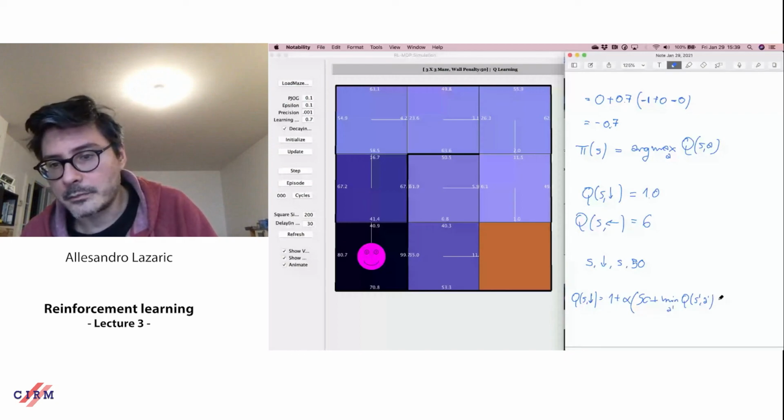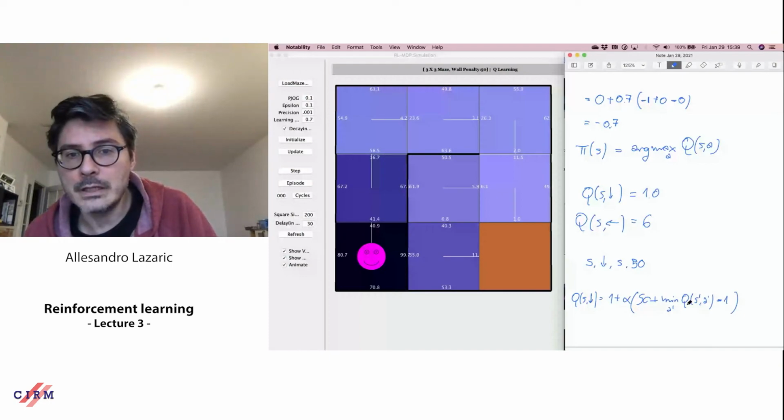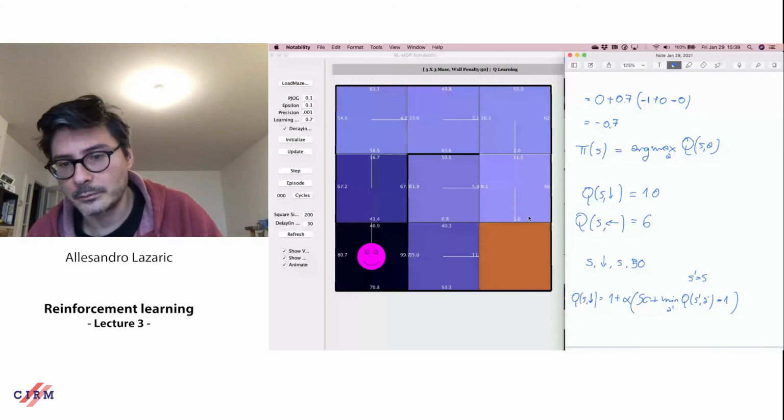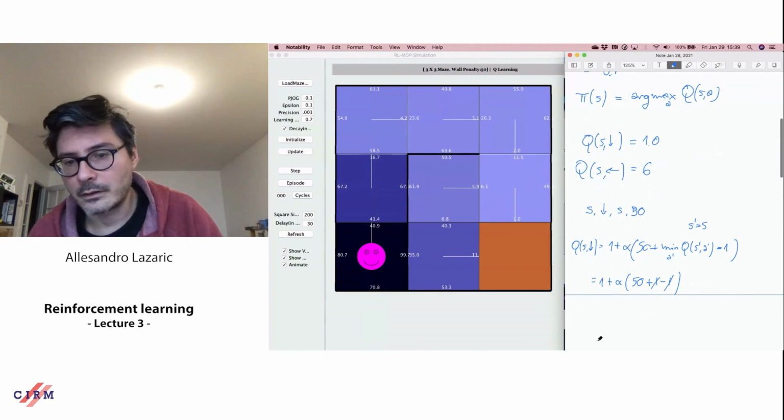Now, S prime, we said, is equal to S. And so we know that the minimum over Q values in this state is 1. And so the update will look like 1 plus alpha times (50 plus 1 minus 1). So it's 1 plus alpha times 50.